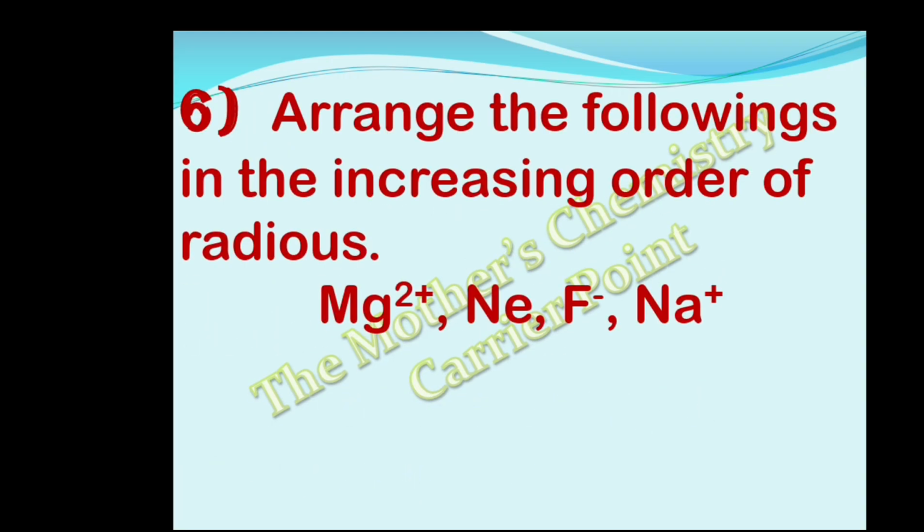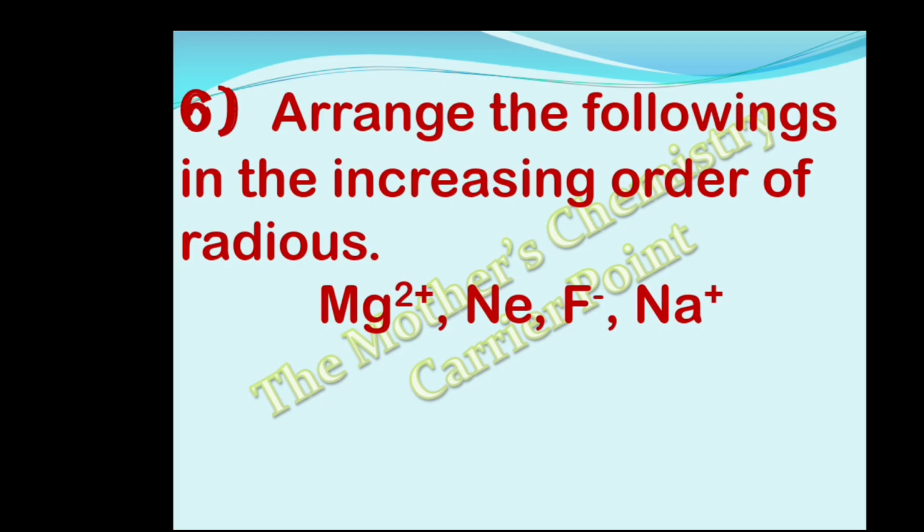Arrange the following in the increasing order of radius: Mg2+, Ne, F- and Na+. All the 4 species contain 10 electrons in their outermost shell. In case of Mg2+, 10 electrons are attracted by +12 nuclear charge. In case of Ne, these 10 electrons are attracted by +10 nuclear charge.